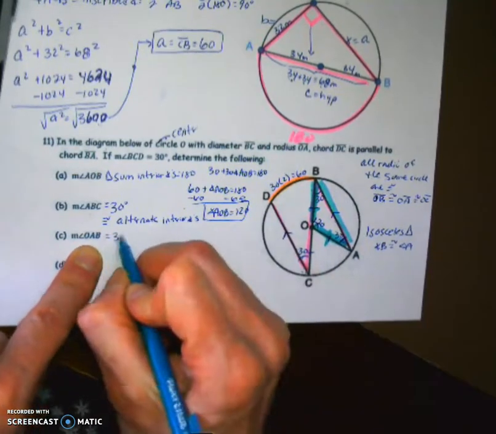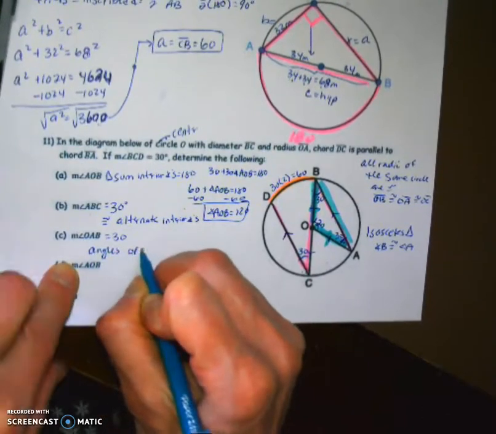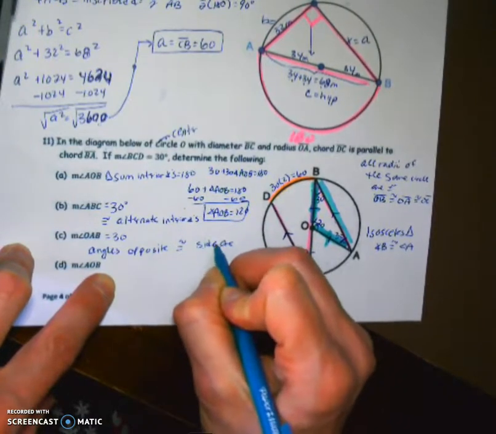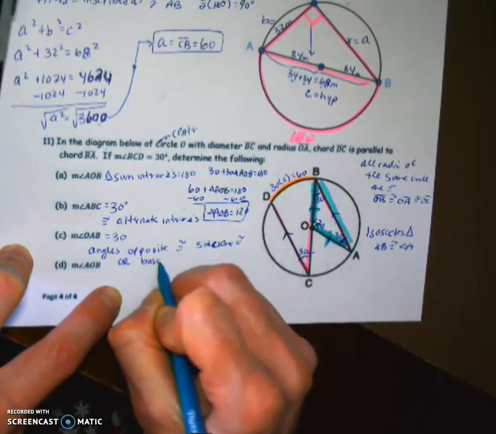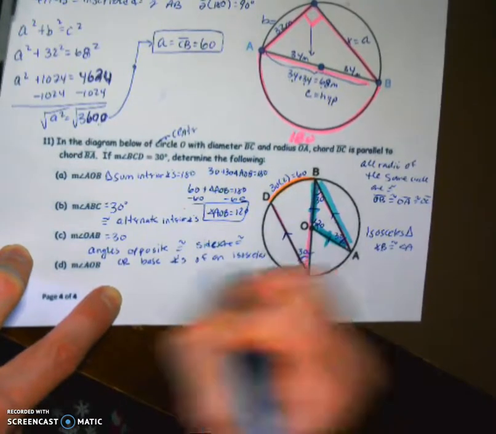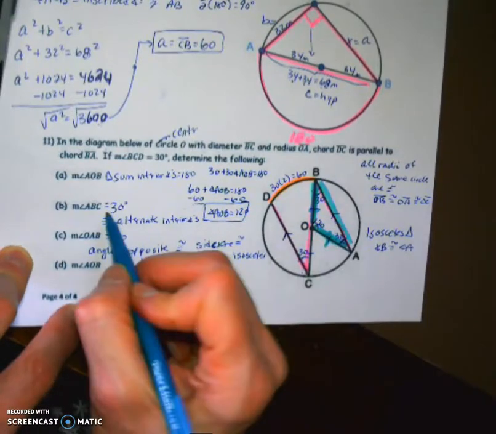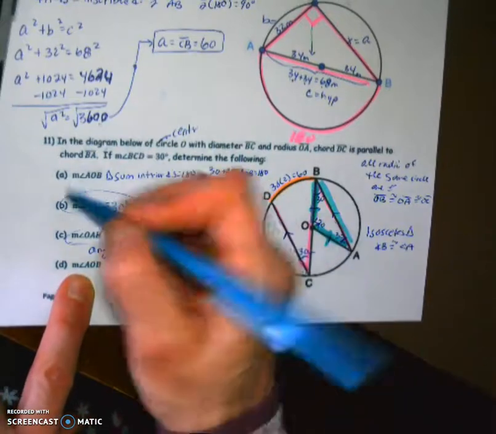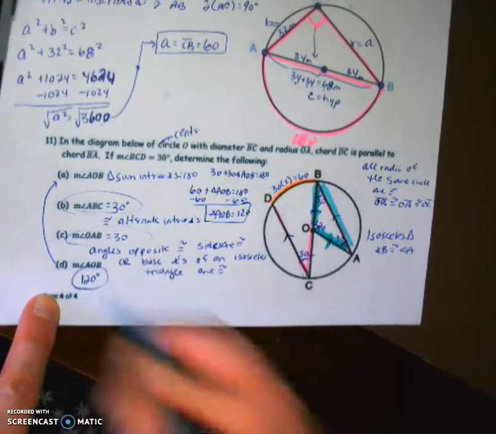We said that was 30 degrees because angles opposite congruent sides are congruent, or you could have said base angles of an isosceles triangle are congruent. So a couple of different ways you could do that one. And the measure of angle AOB, which is the same as part A, is still 120 degrees.